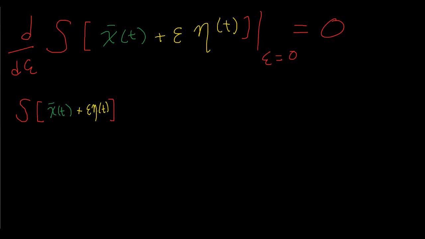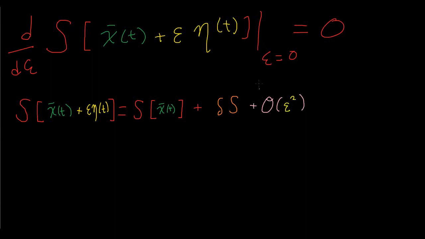This is just equal, from regular old calculus knowledge, to S of x bar of t plus a term that I'm going to call delta S. I'll tell you what this is in a second. Don't worry. Plus something I'm going to call O of epsilon squared.